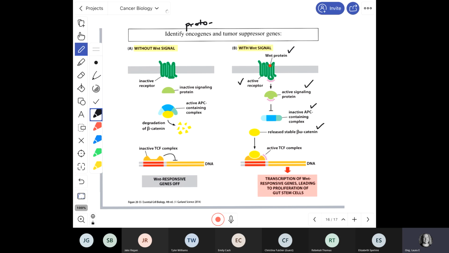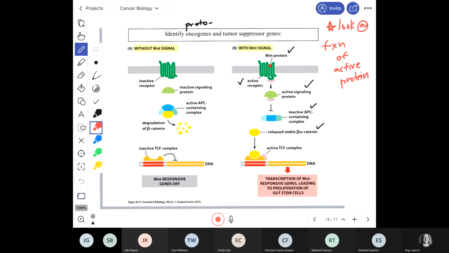So when you're looking at classifying proto-oncogenes versus tumor suppressor genes, it's really helpful to look at the function of the active protein. What's the function of the active protein that gene encodes?